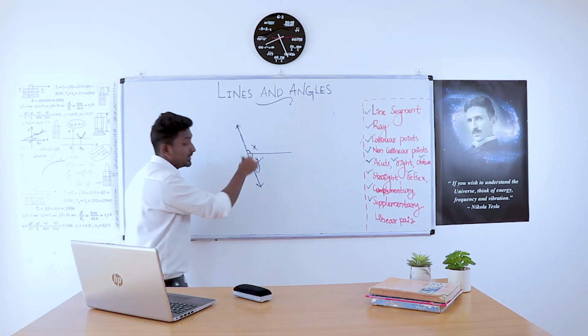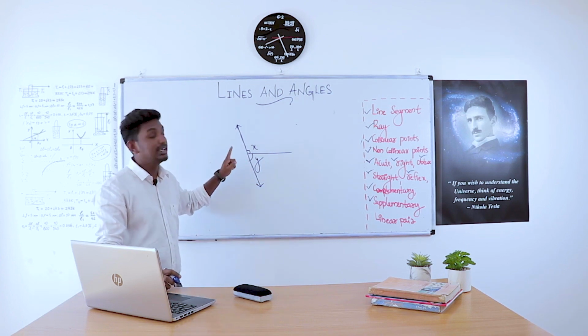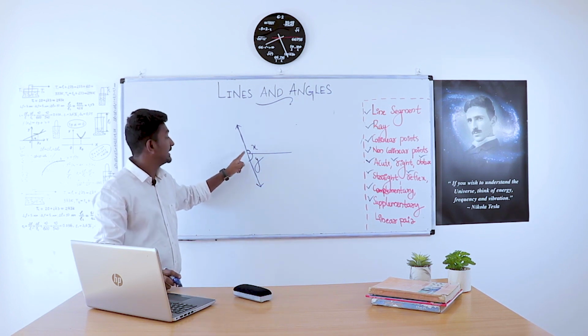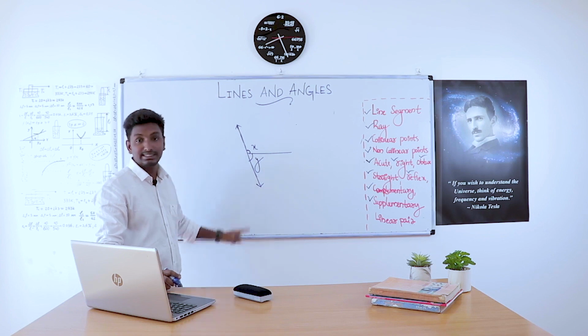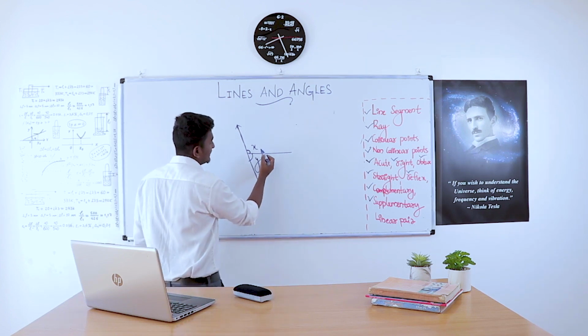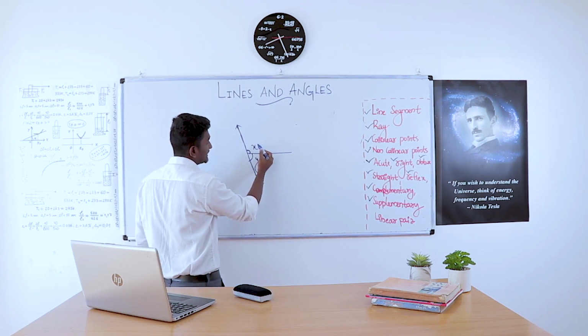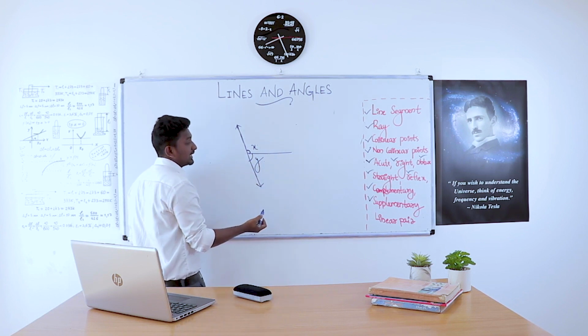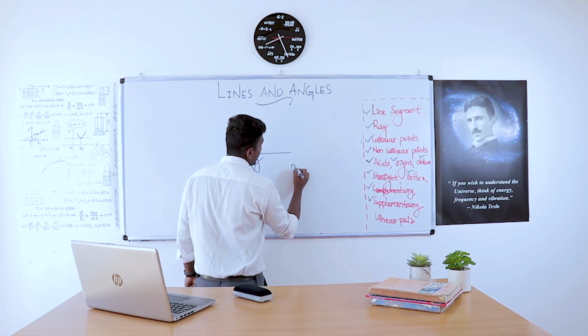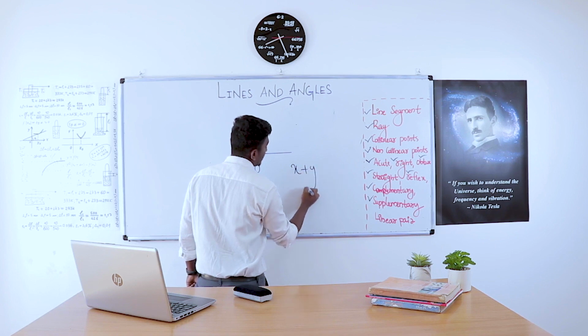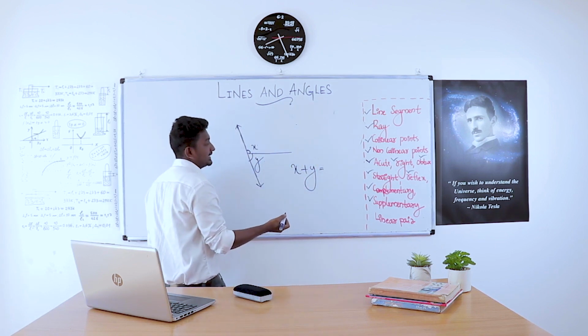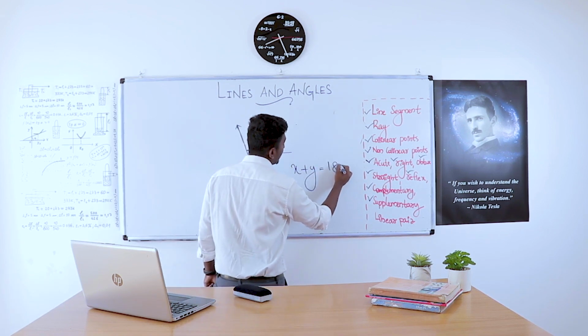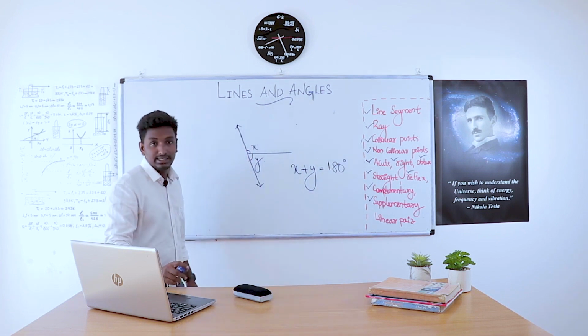The angle formed in the straight line together is 180 degrees. That is a straight angle. That simply means that this x and this y together give a straight angle. A straight angle means 180 degrees. That is x plus y is equal to 180 degrees.